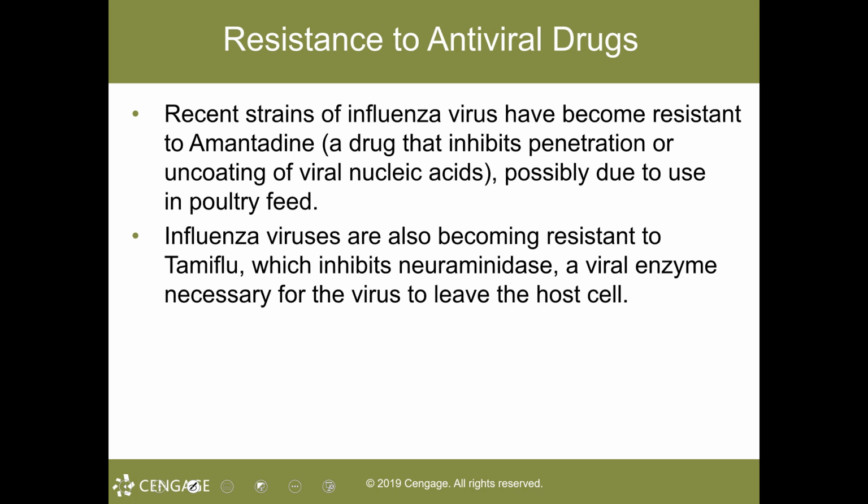Influenza viruses are also becoming resistant to Tamiflu, which you all may have had before, if you've had symptoms of the flu and caught those symptoms very early on. What Tamiflu does is it inhibits the neuraminidase, which is a viral enzyme necessary for the virus to leave the host cell. So if the virus cannot leave, it cannot spread within the body. So at least now you know what Tamiflu does, be it Tamiflu or the generic for Tamiflu.